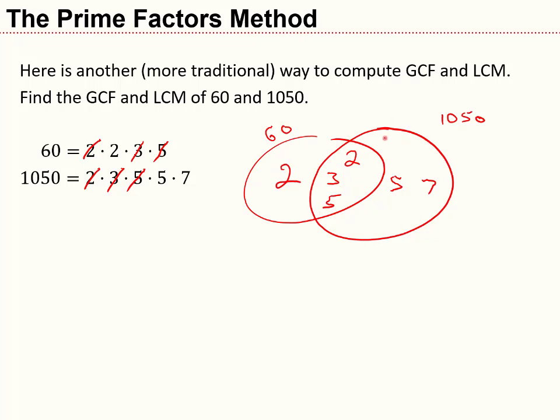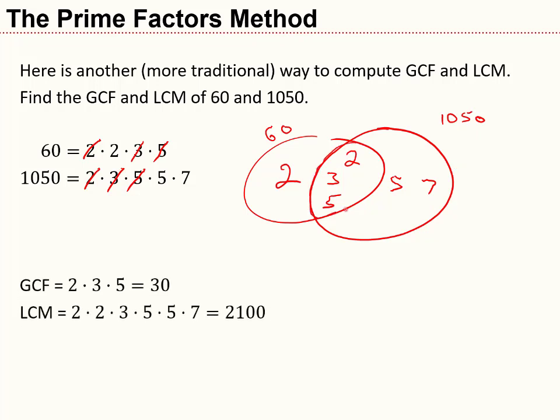And the primes inside of the 1050 circle, multiplying those together makes 1050. It turns out that my greatest common factor is the stuff that's common to both. So that's my 2, 3, and 5. So 2 times 3 times 5 is 30. 30 is the greatest common factor.